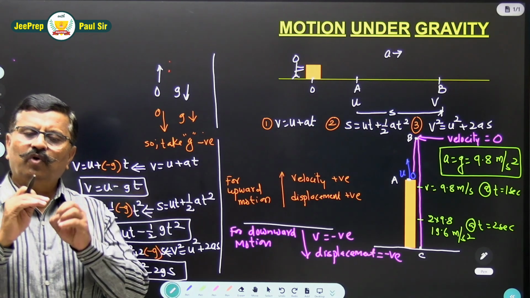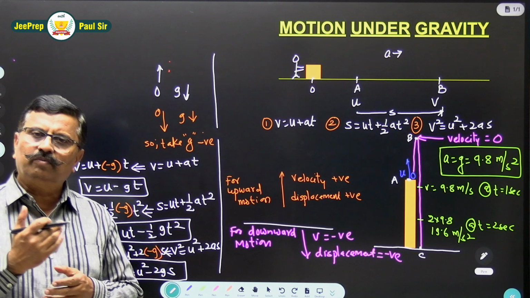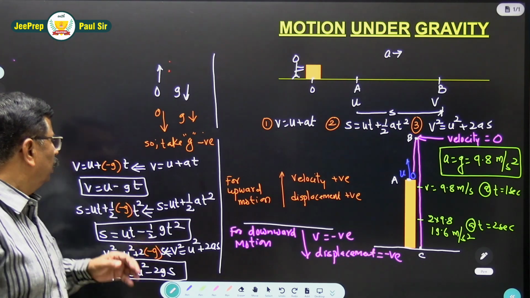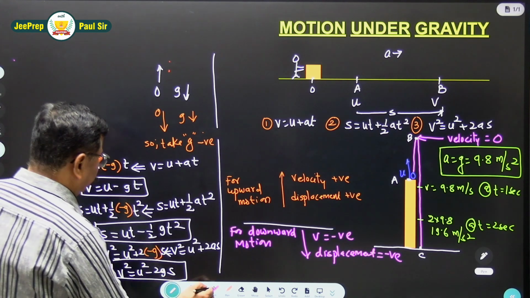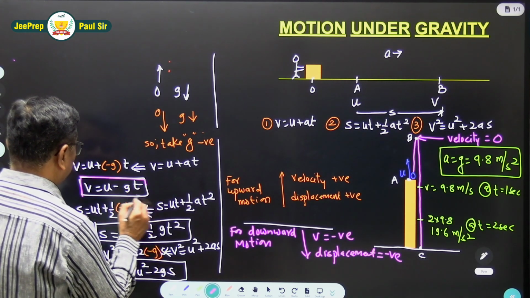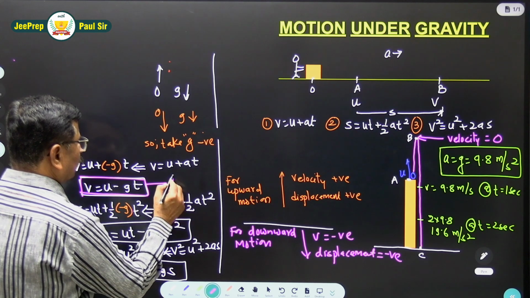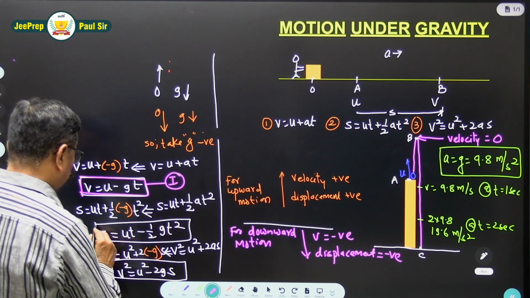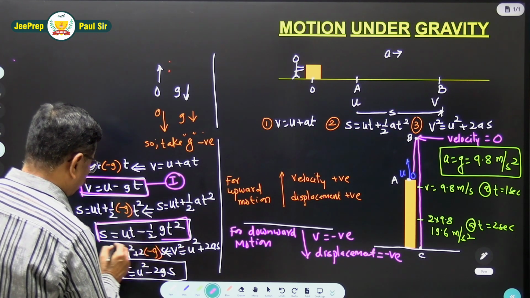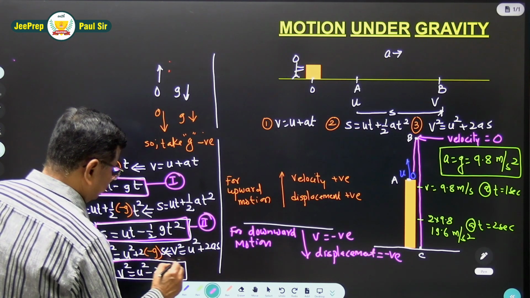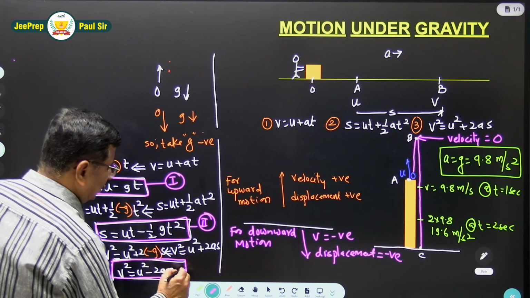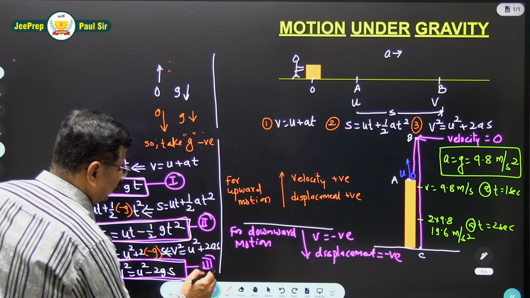Again, suppose you want to find out the time taken by the body to reach maximum height, always prefer to use this first equation. So this I will call equation 1. This is the first equation. This is the second equation. While this is the third equation.